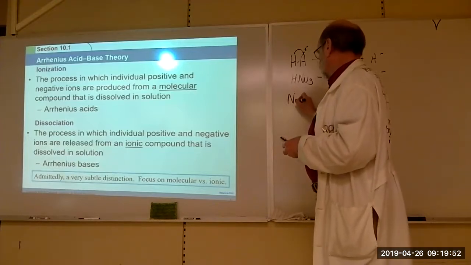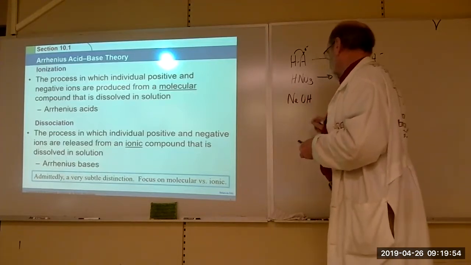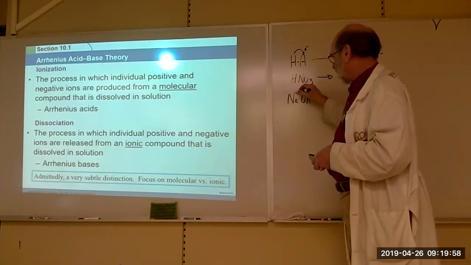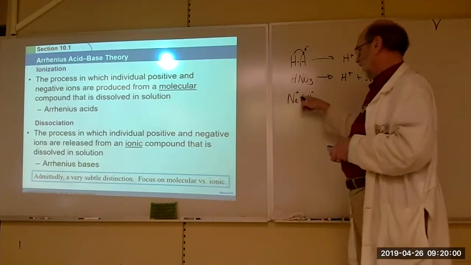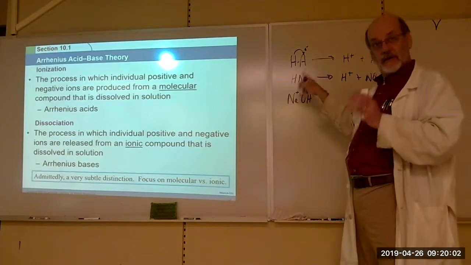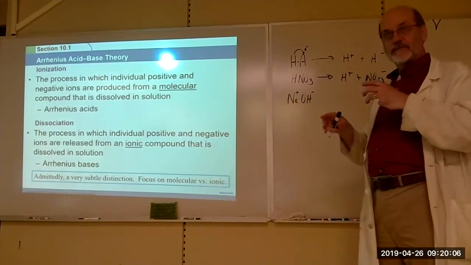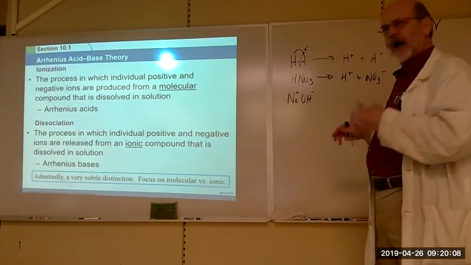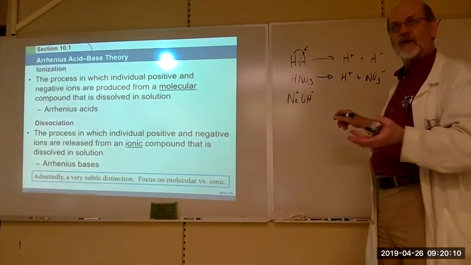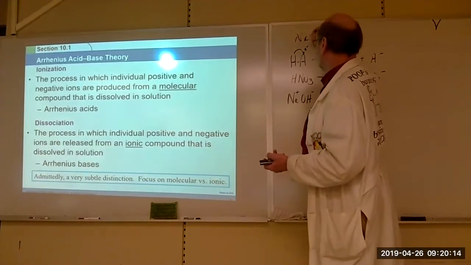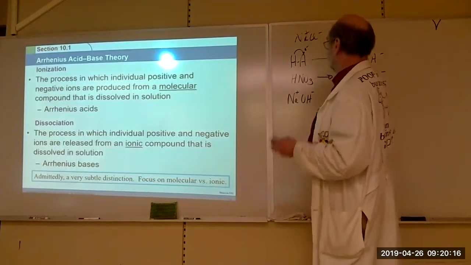Arrhenius bases already have the hydroxyls, but they can be identified as an ionic compound. That is, they already have positive ions, negative ions in the compound itself. So our other example of an ionic compound was table salt. Right? So it would be sodium and chlorine together like that.